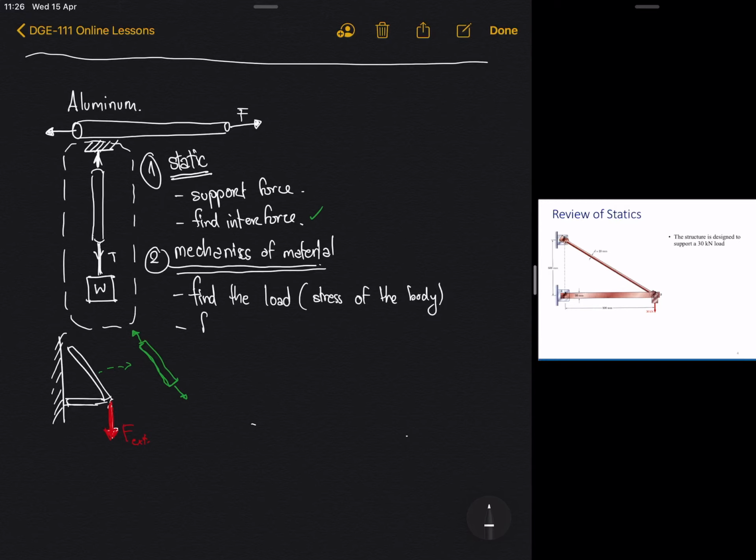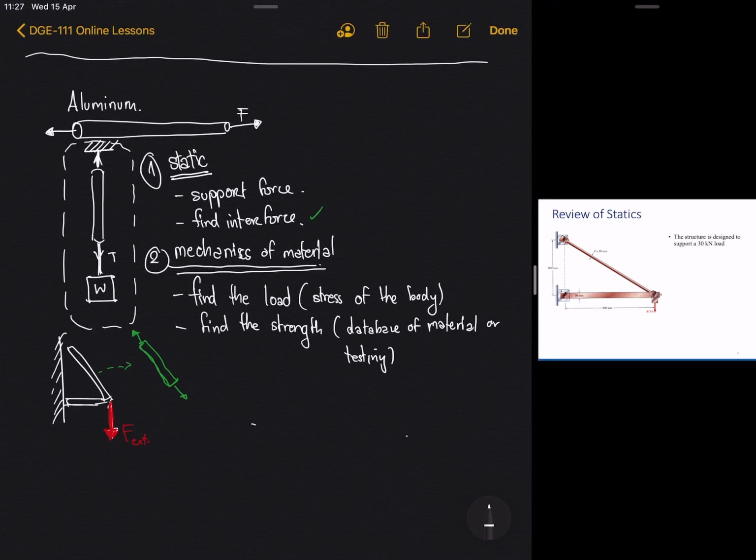Then find the strength. Also to say this strength, normally we find it from database of materials or testing, which in this case there will be no calculation for the strength.